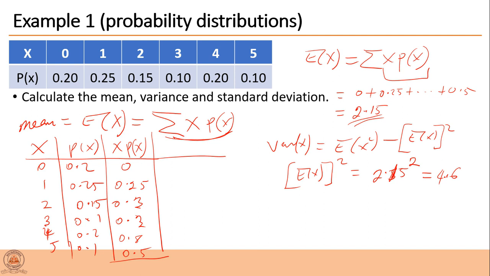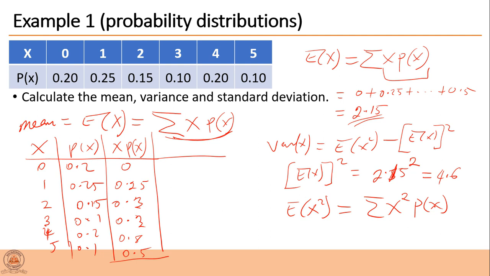What we are left with is the expected value of x squared. It is not different from what we have done already with the expected value of x. So the expected value of x squared is simply equal to the sum of x squared multiplied by the probability of x.